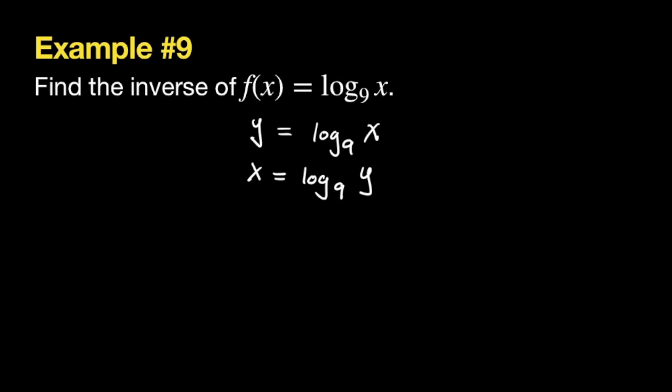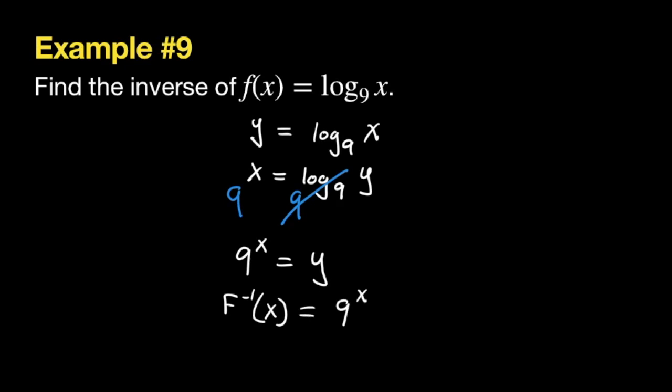Now, using the properties that we have, a log 9 means that we need to put a base that will cancel that log 9, and that base is going to be 9. So we put a 9 right there. This portion cancels out. So we end up with 9^x is equal to y. And then we can rewrite it as f inverse of x is equal to 9 to the x.